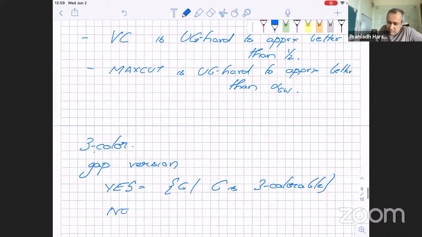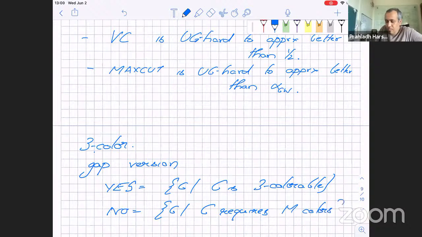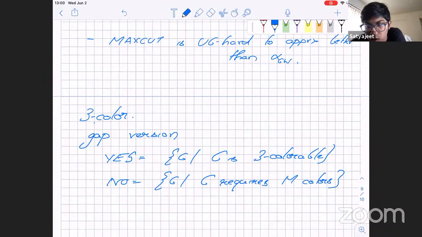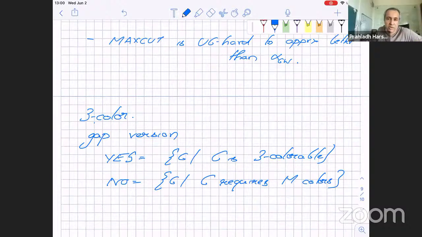A no case is G requires, let's say, M colors. That's a gap. If M was 4, this is a language. This is a gap. What's the alpha here? The alpha is M by 3.